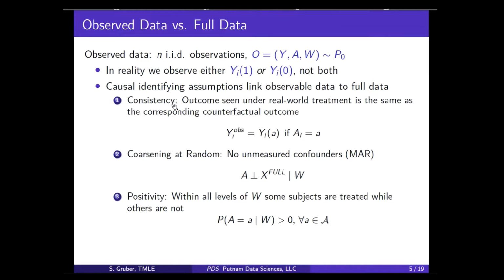This assumption is that the outcome seen under the real world treatment, the A that I see for an individual, is the same as the corresponding counterfactual outcome in the table on the previous slide. So if Ai is equal to 1, then the Y I observe is the Y1 from the full data. And if Ai is equal to 0, the Y that I observe is the same as the Y0 in the full data table.